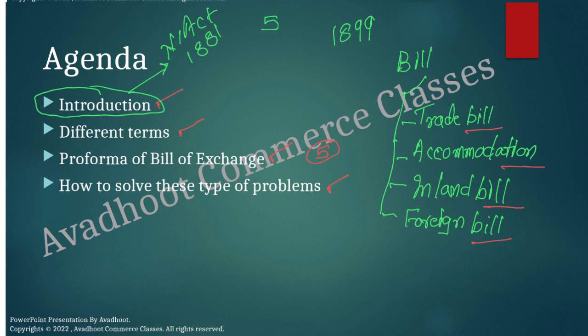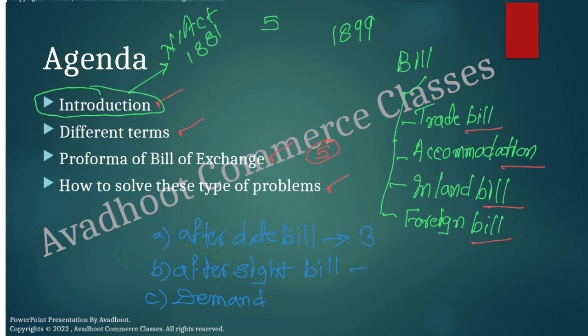Further, we can say these bills are divided again into 3 parts: after date bill, after sight bill, and bill payable on demand. An after date bill is calculated from the date on which the bill is drawn. Here 3 days of grace are allowed.